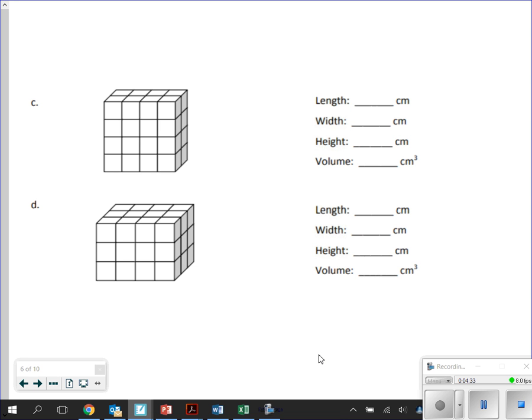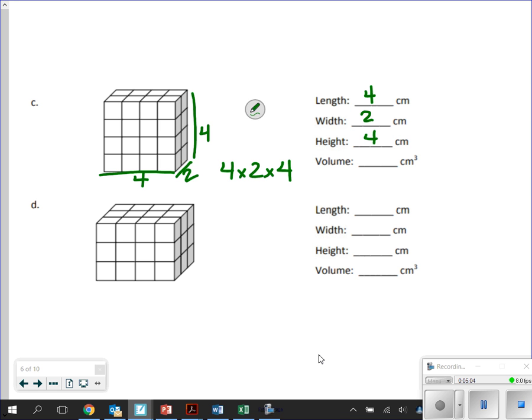The length was 4, the width was 2, and the height was 4, and I multiplied 4 times 4 is 16, and 16. Good. So you said that the length was 4, the width was 2, the height was 4, and so the length times the width times the height.